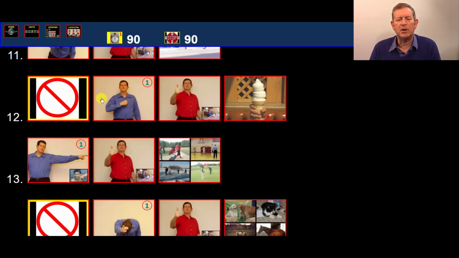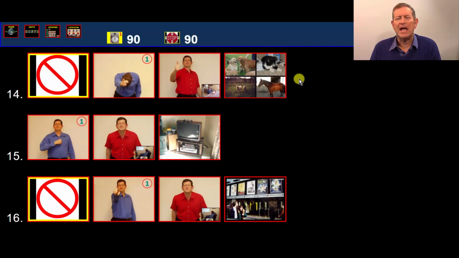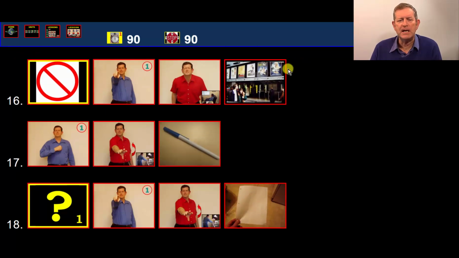Right. I don't like ice cream. I can't even say that correctly. Not with a straight face anyway. Next, this is animals. You don't like animals. You animal. Number 16. Here we have movies.